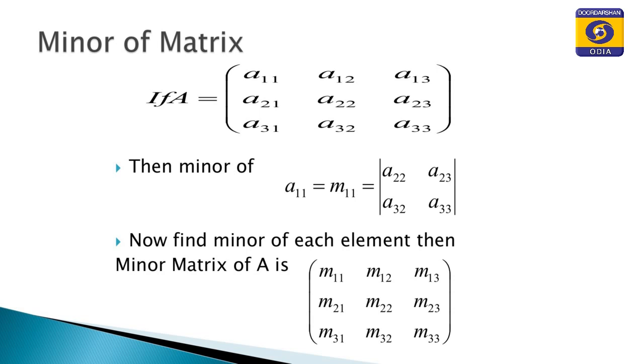That is a second order determinant containing the elements left after deleting the row and column containing A11. Similarly, the minor of A12 is denoted by M12. This is the second order determinant containing the elements except the row and column containing A12.